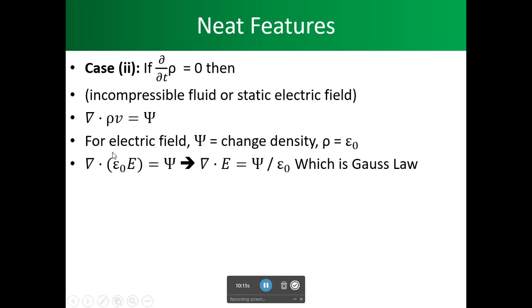We're taking the del dot the E field with this constant of permittivity, I believe. Permittivity. Okay. And so it lets us know that this same formula is what we use in Gauss's law. And that's how we are able to use the del dot E.